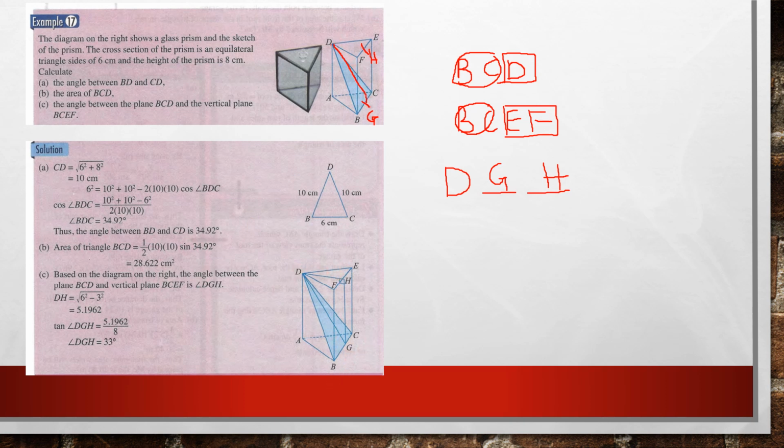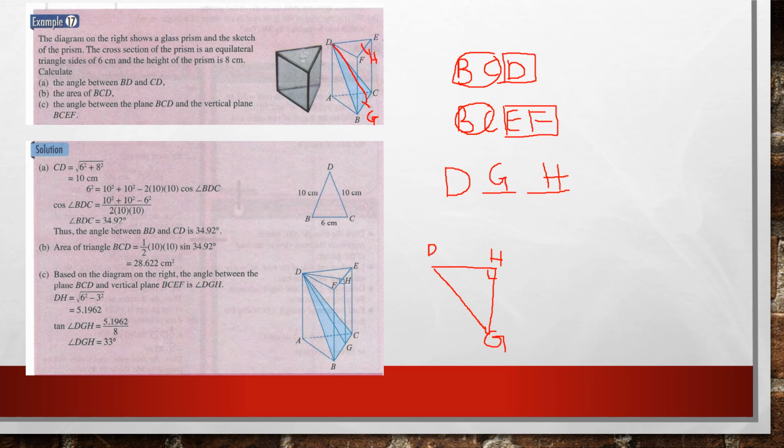So when you take it out, you will have it like this, DH and G. This is a right angle triangle. DH, how to find DH?